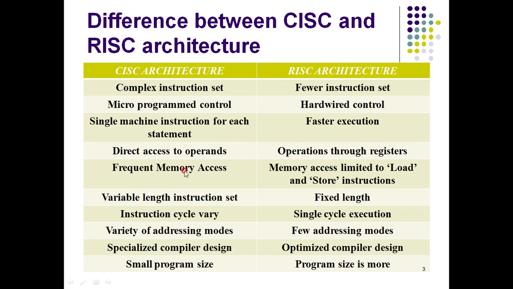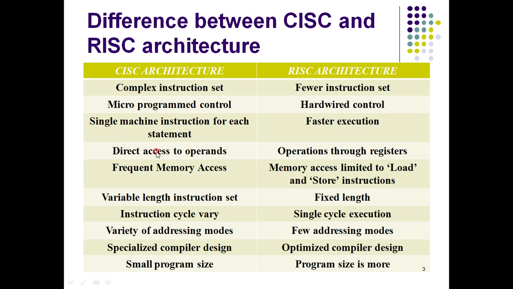Now the another major difference here, the memory access. As we are taking the operands directly from the memory, therefore the memory access will be frequent. That is, we will be accessing the memory more frequently. But here the memory access is less. Why? Because we are taking the operands through the register. See friends, both the points are connected.